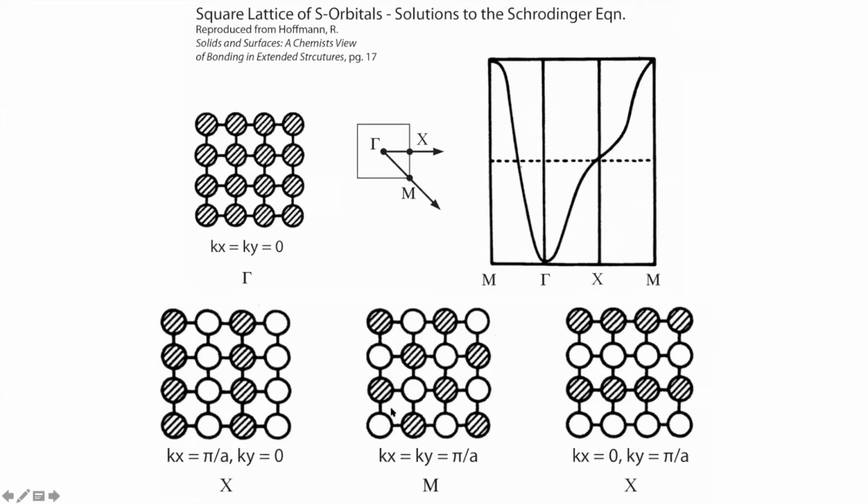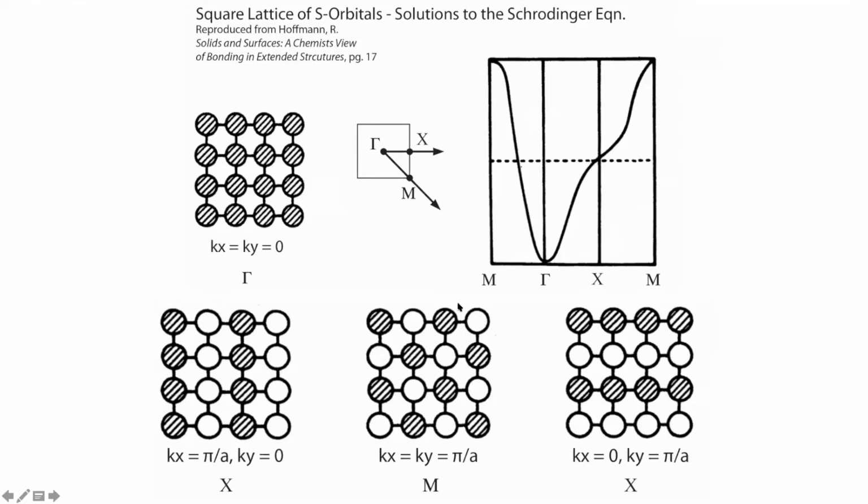All right, so let's take a look at the m point. The m point is where both x and y are varying. Start down here in the lower left. If you want to look at ky, go in the vertical direction. It varies at each point. Kx also varies at each point. And then if you move here and you go up, it varies at each point, and so on.